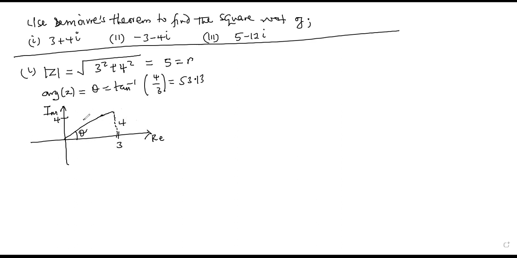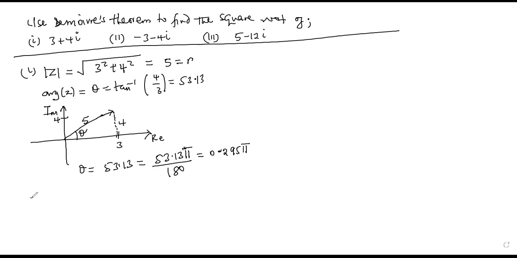So you can see that it lies in the first quadrant, and therefore theta is equal to 53.13, which when you put it in radians, you say 53.13 pi out of 180. And this will give you 0.295 pi.